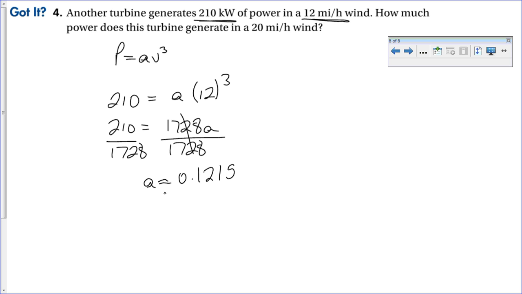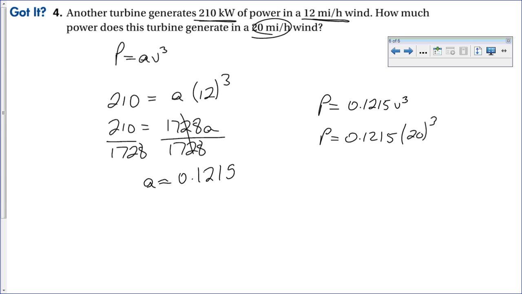So now we can plug A back into our formula. So now we know that P equals 0.1215 times V cubed. Now we can plug in our 20 mile per hour wind to see how much power is created.